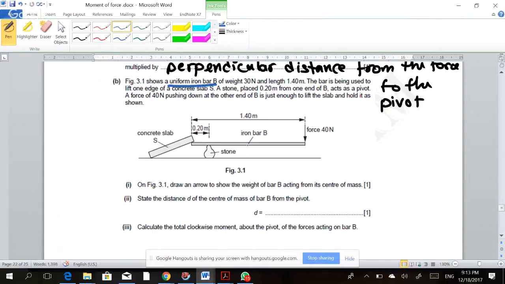Where is the center? This is the midpoint of the plank. This is the center of mass. And weight always acts at the center of mass.